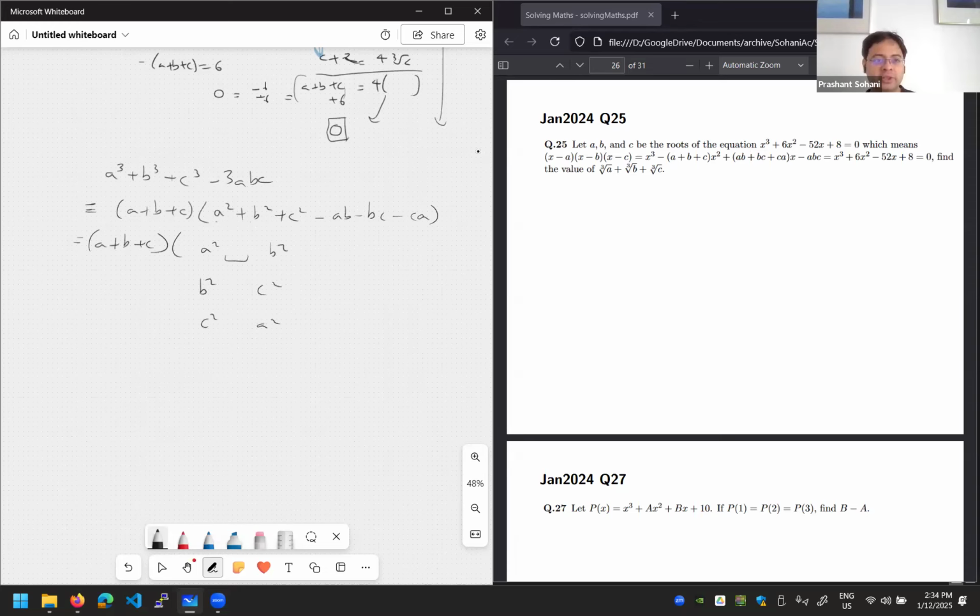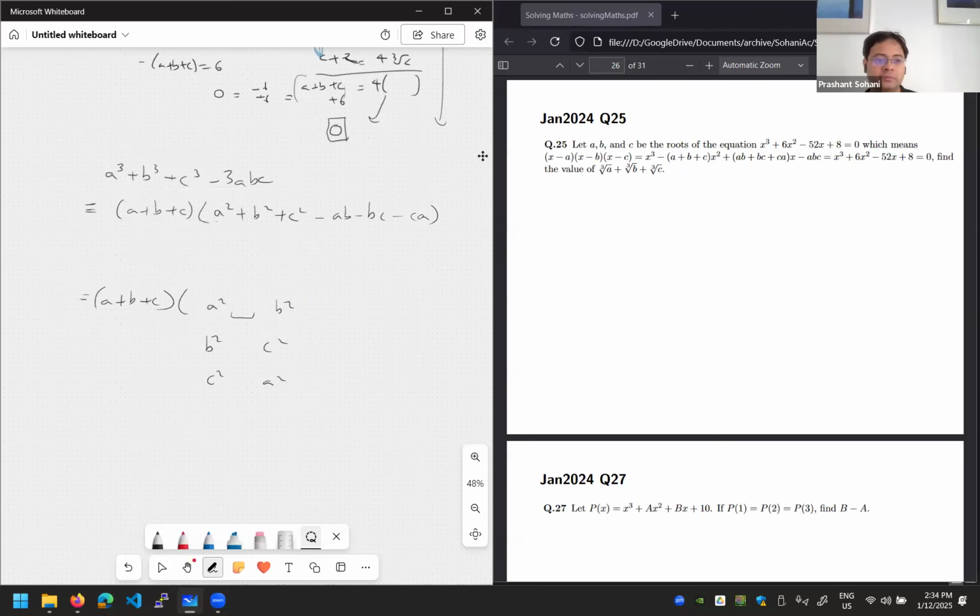So I need two copies of each of these a square, b square, c square. But whereas here I have only one copy, right? So what I'm going to do is multiply the whole thing by two. Okay, so I will multiply and divide by two as an intermediate step before we do the final calculation.